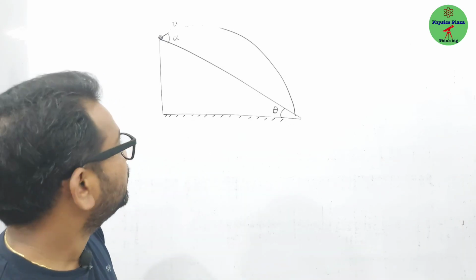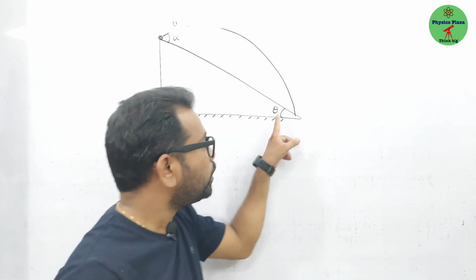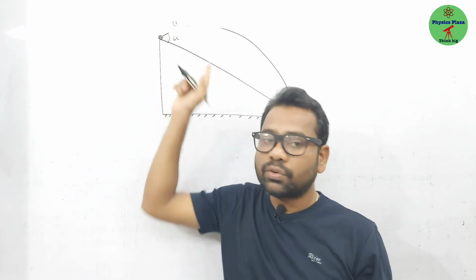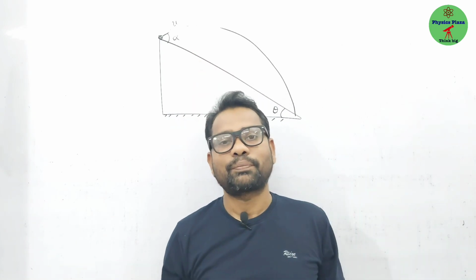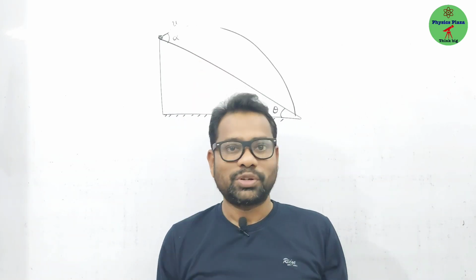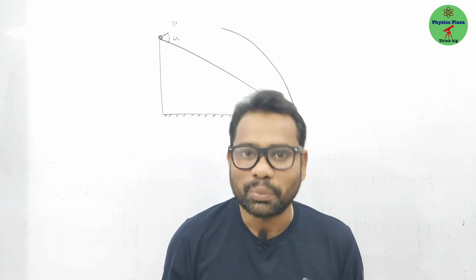Children, try to understand: this is the angle of projection, which is very important, while this is the angle of inclination. Here u is the initial velocity of the projectile, whereas alpha is the angle of projection. We know that projectile motion is two-dimensional motion, hence the velocity of the projectile can be resolved into two rectangular components.